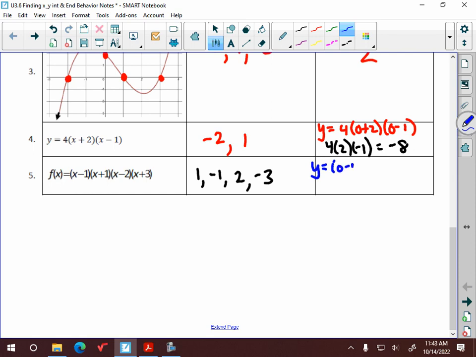All right, so 0 minus 1, 0 plus 1, 0 minus 2, and 0 plus 3. So 0 minus 1 is negative 1, 0 plus 1 is 1, 0 minus 2 is negative 2, and 0 plus 3 is 3. Multiplying all this out, negative 1 times 1 is negative 1, times negative 2 is positive 2, times 3 is positive 6.